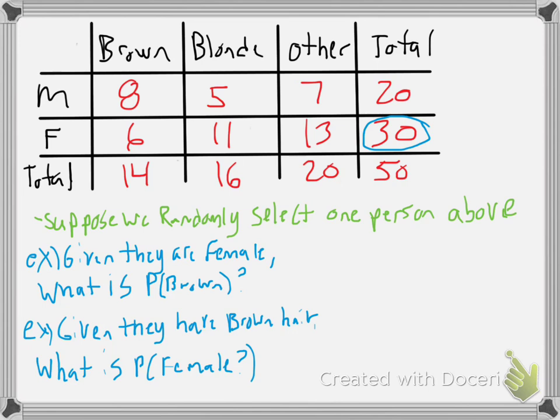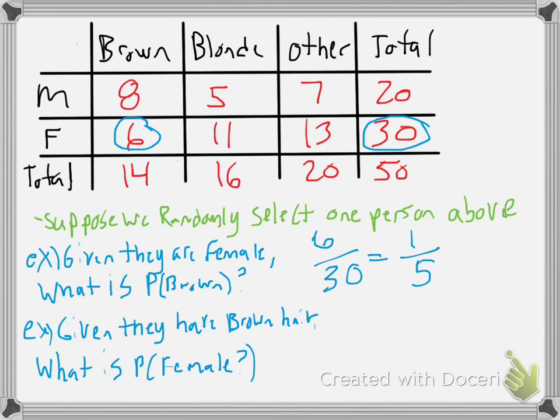So our denominator is out of 30. We're not selecting out of these 50 people anymore because we know that this person is a female. We want to know what is the probability that they have brown hair. Well, we're only in the female row, and the number of females that have brown hair is 6. So it's 6 out of 30, which you could reduce later to be 1 out of 5.